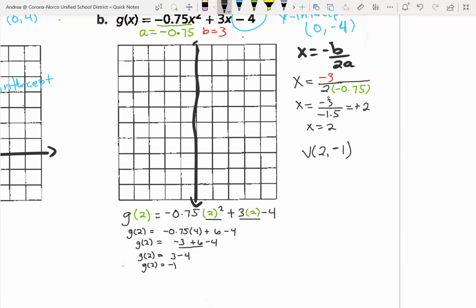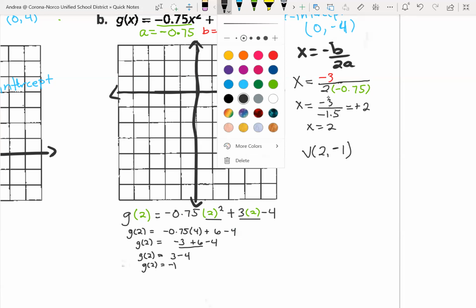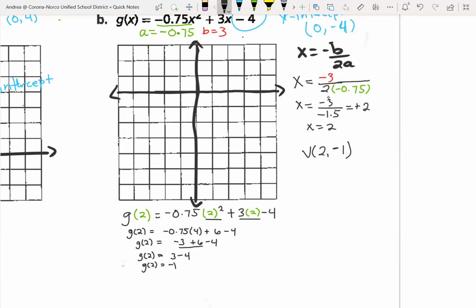Okay, my parabola is facing down, so I kind of need to put my x-axis up here. The vertex is at 2 and -1, so I'm going to go where x is 2 and y is -1. So that's my vertex. I'm going to draw my axis of symmetry right down the center.